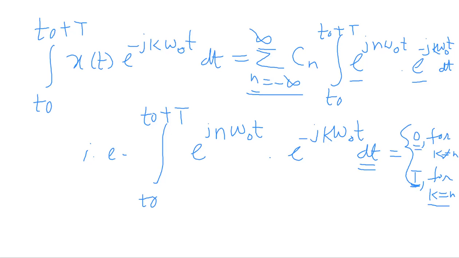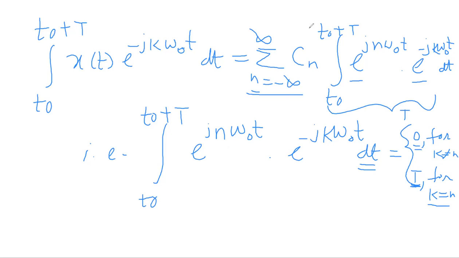So hence the right hand side integration result is T. By substituting this result and writing it on the right hand side, there is no more summation we have to write, because there is only one value to substitute, that is n equal to k. Remaining all values are 0.